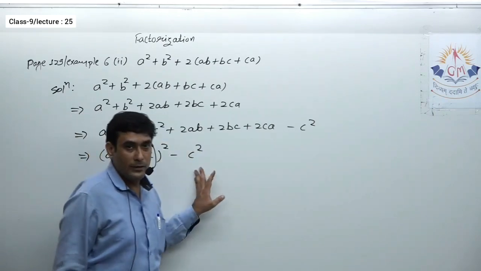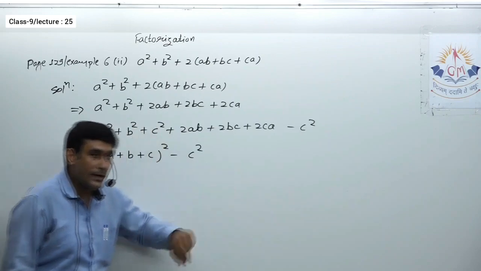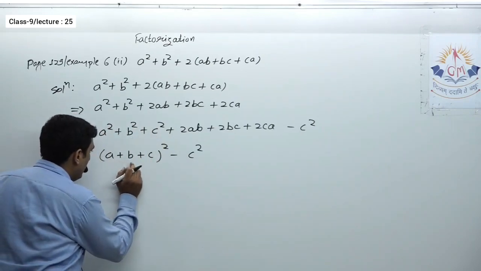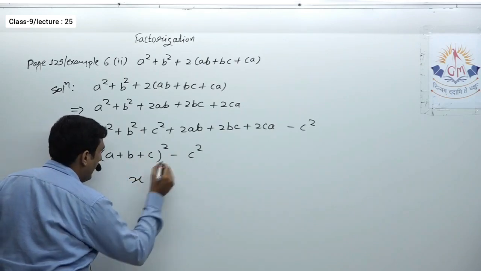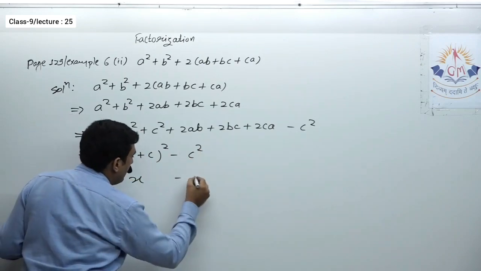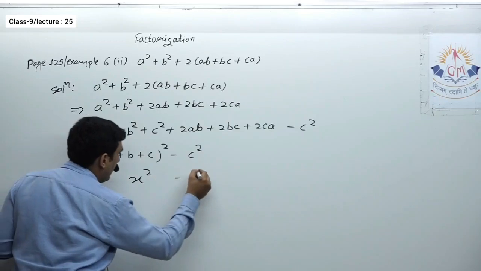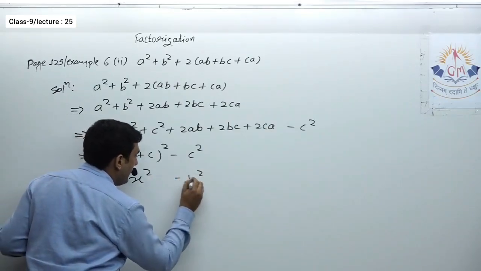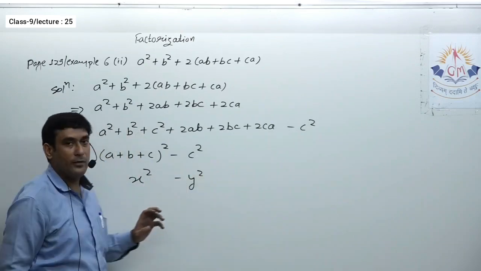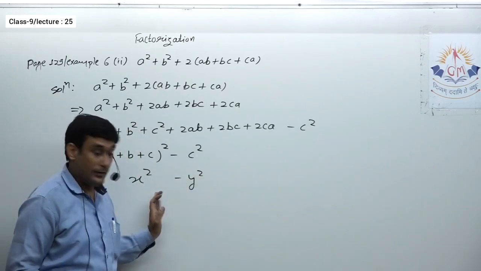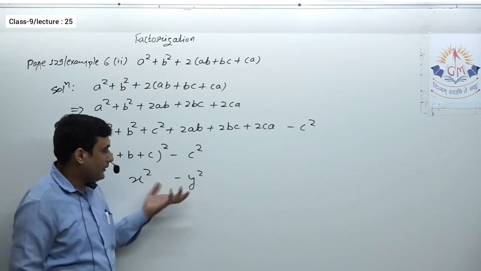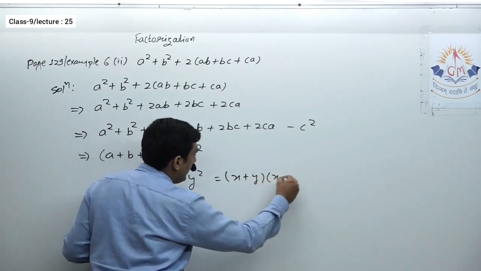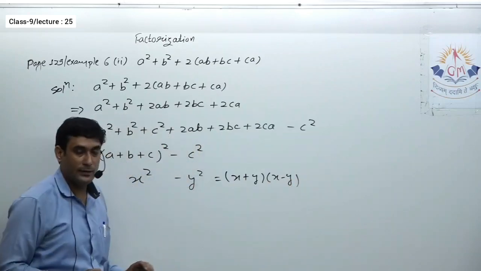Now these are not the factors, but again we get one identity. Now if I consider this a plus b plus c as x and let c be c only, so here I got x square minus c square, or for a while let it be y. So I got x square minus y square, and this is an identity. Square of first quantity minus square of second quantity gives you sum of quantities multiplied by difference of quantities, isn't it?